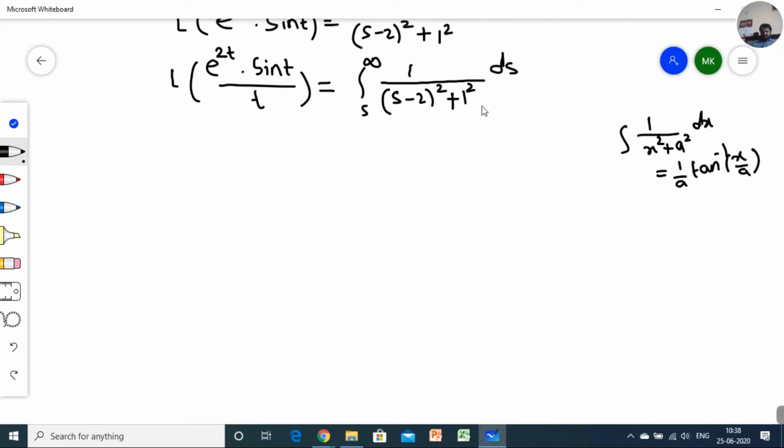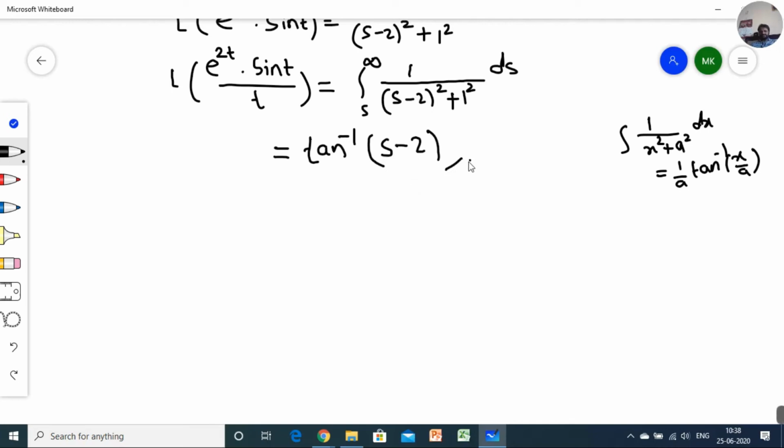But here a is 1, so we have to apply directly here. 1 by a means 1 by 1, if you want you can write it, but I'm taking it directly. So 1 by a is 1, and tan inverse of x by a, x by a means s minus 2 divided by 1.